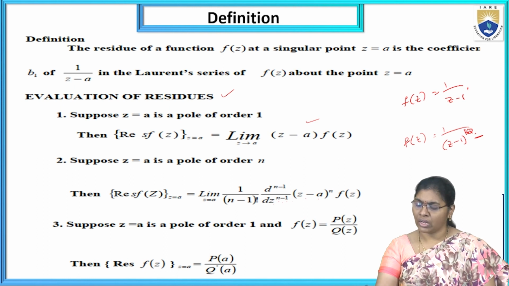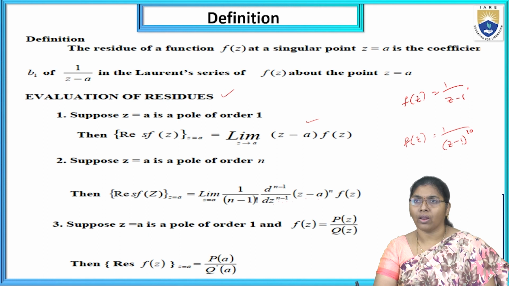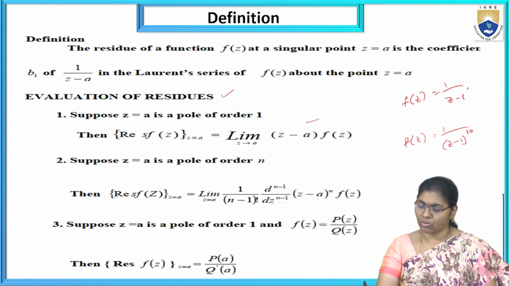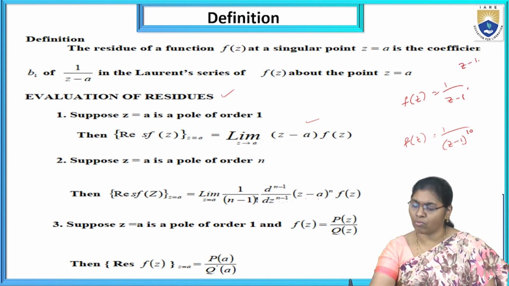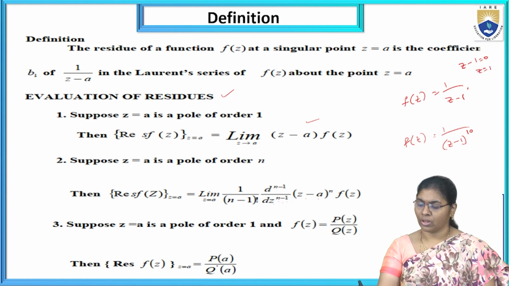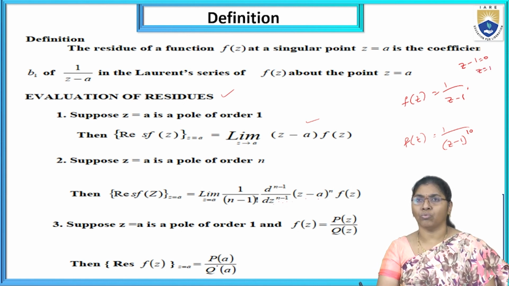For example, we are considering simply it is 10. That means z minus a equal to 0, z equal to 1. That's why I am considering limit z tends to 1.